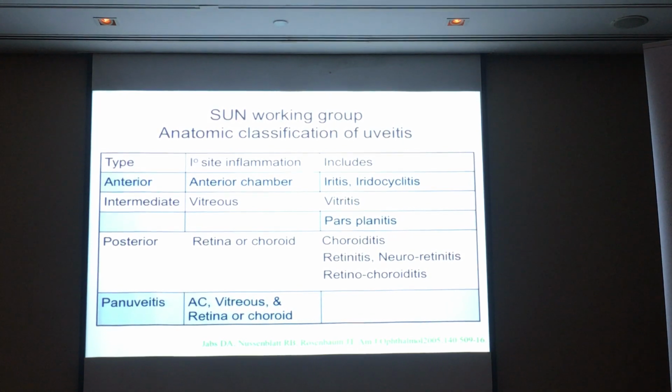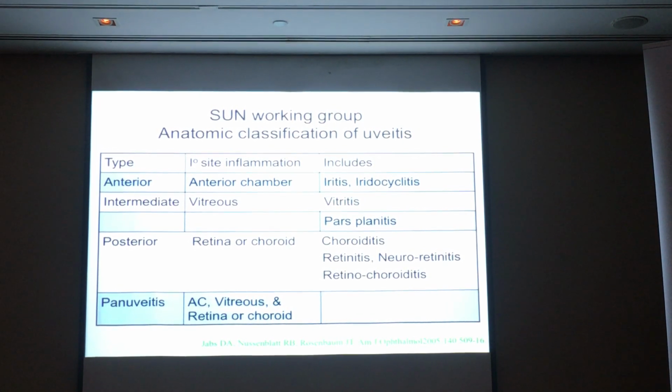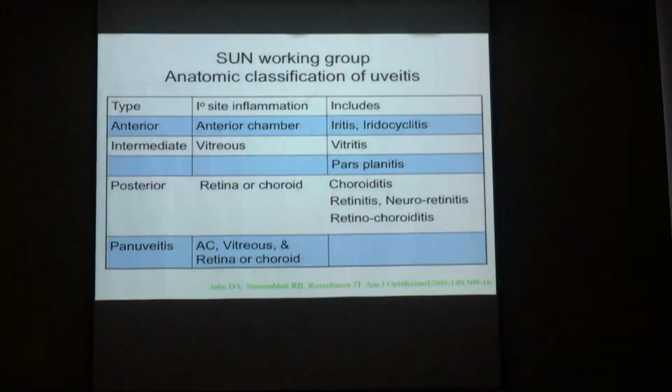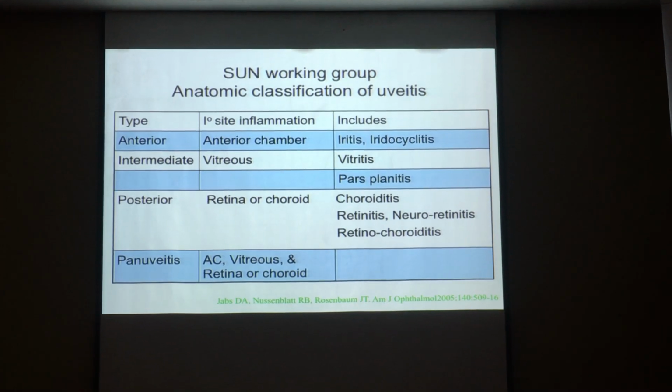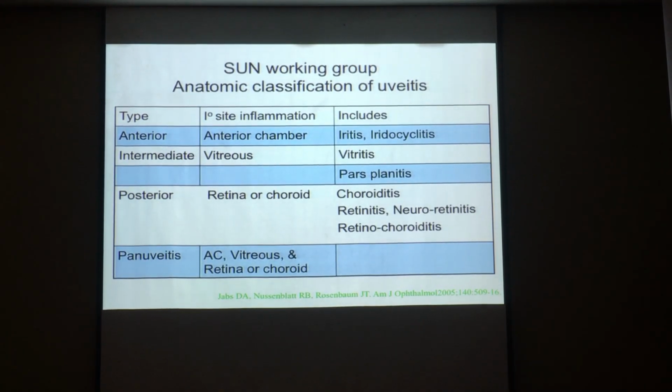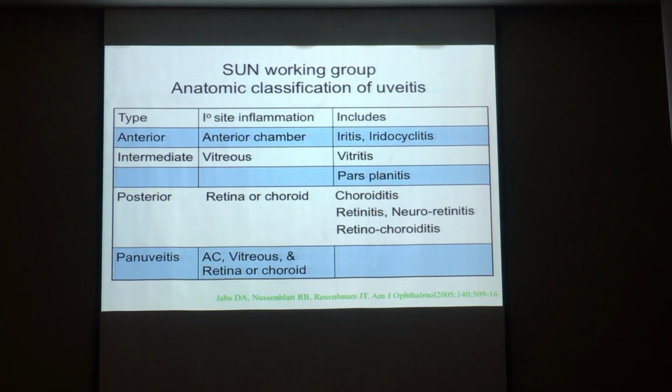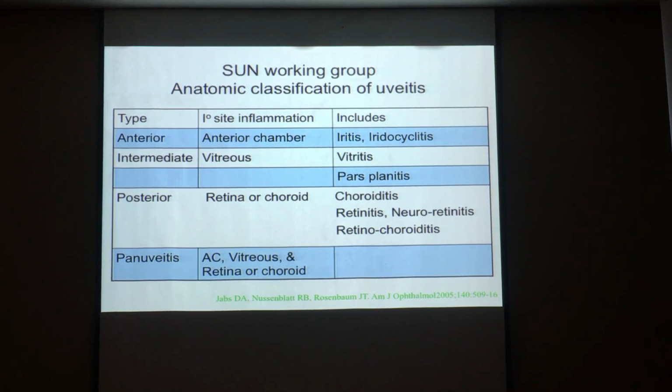The inflammation is in the choroid and it's affecting the retina. And of course, you can have retinal vessels inflamed also. So many of these pan-uveitis would have a component of posterior uveitis at some stage of the disease.